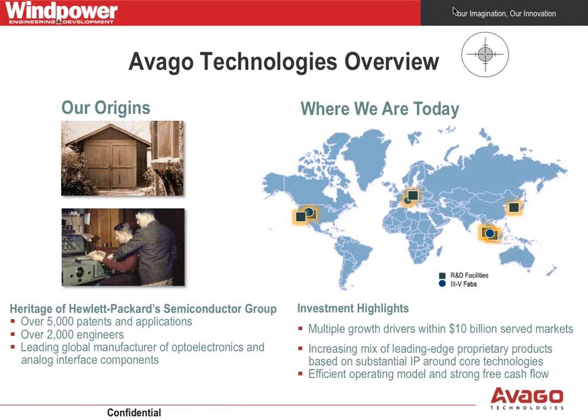We are a very engineering-driven company, very focused on leveraging our expertise in optics management and microwave and RF semiconductor devices into new and emerging markets. We're headquartered both in San Jose, California, and Singapore. My division is headquartered in Regensburg, Germany, and we also have production facilities in the Far East, China.